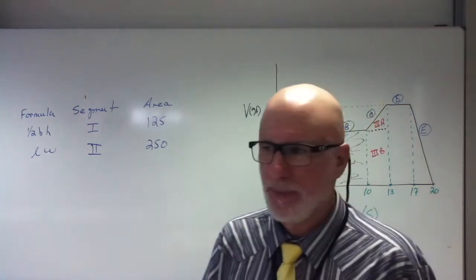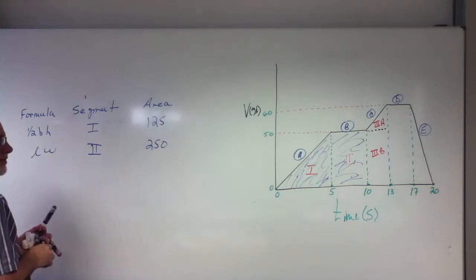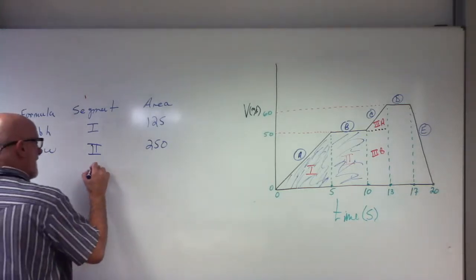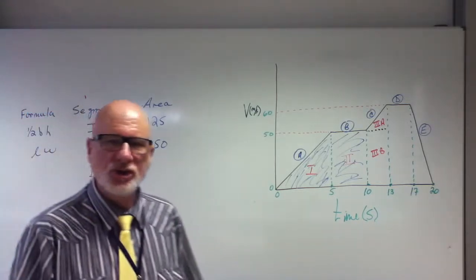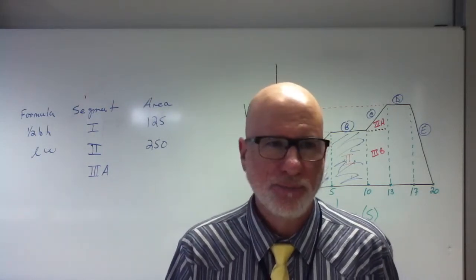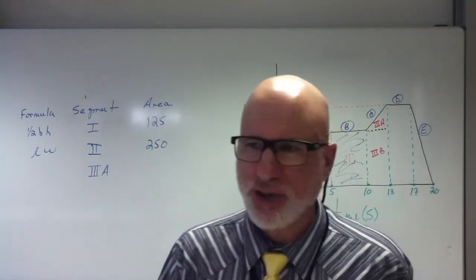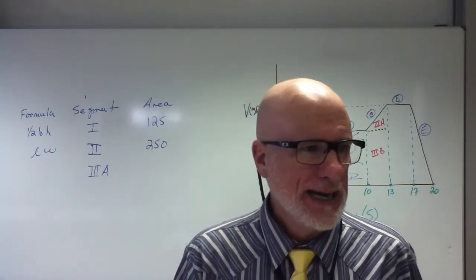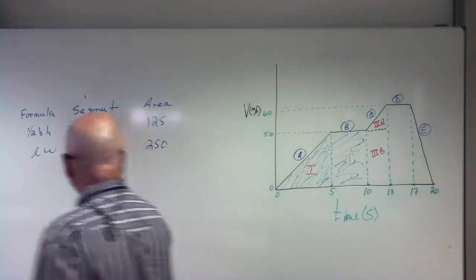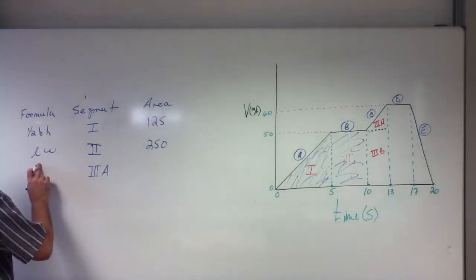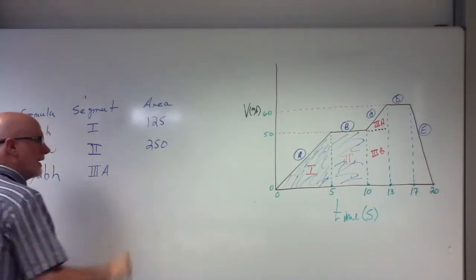Yes. Okay. You ready? What's 3A going to be? First of all, is it a triangle or a rectangle? It's a triangle, correct? So what's the area for a triangle? 1/2 the base times the height. Okay, good.